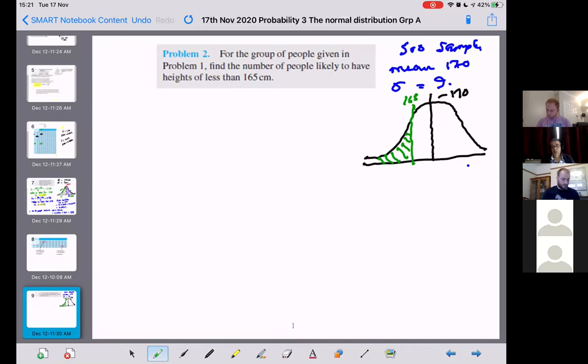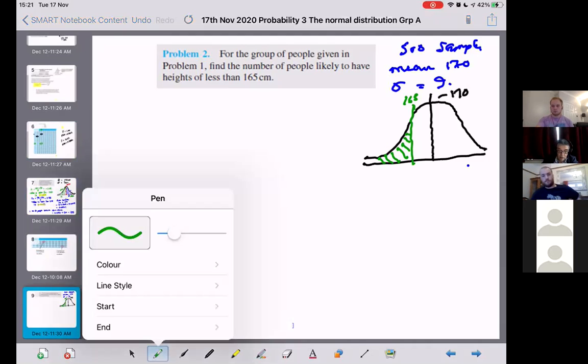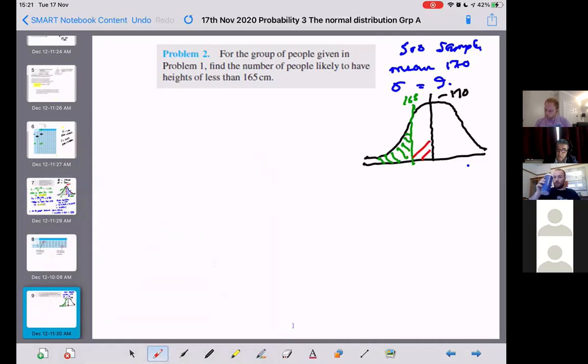But our Z value, remember, will give us this area. From what I've told you about the standardization of this curve, without looking back, what is the whole green and red area? What's the value of that probability-wise?